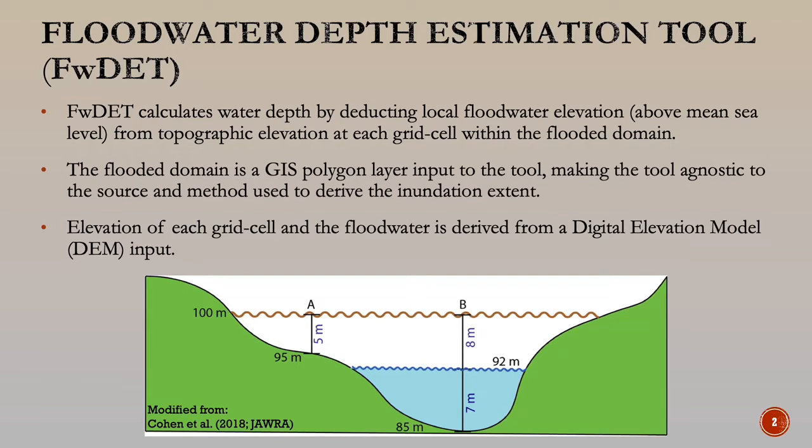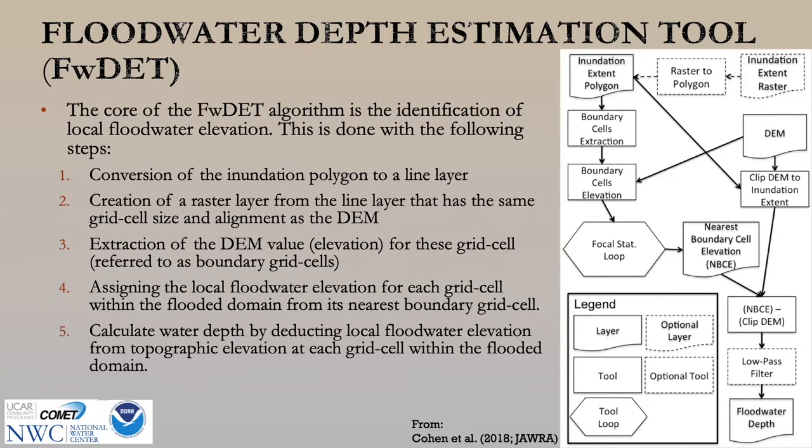Basically, the concept is if you know the location of the flood through a flood map, through remote sensing, and you know the elevation at the boundary of the flood, for example, over here at 100 meters, in this cartoonish cross-section, then because we have knowledge of the elevation at any point within the flood domain, we can very quickly and efficiently calculate the water depth by subtracting the local topography from the local floodwater elevation. So we developed a script within GIS to automate this process.